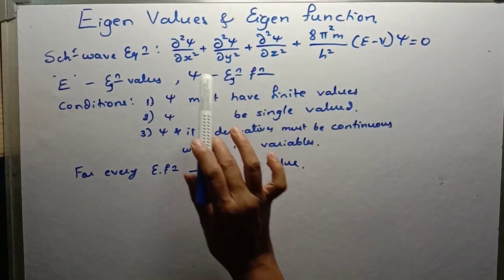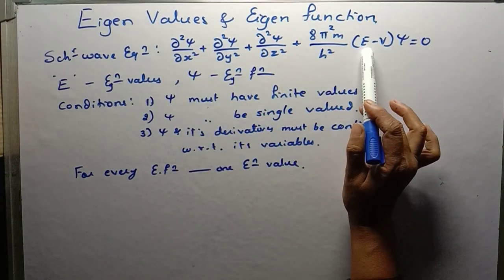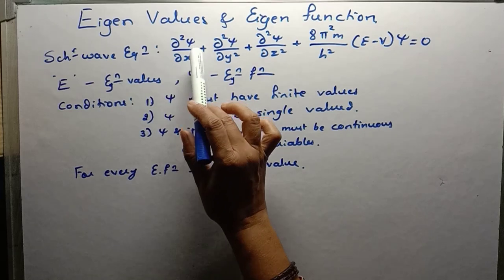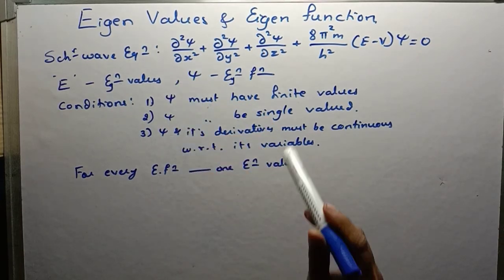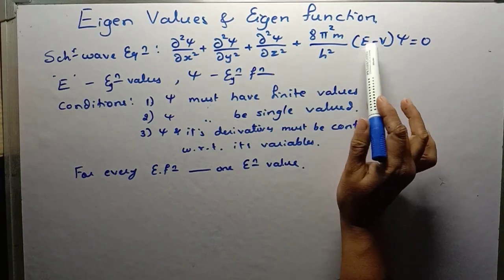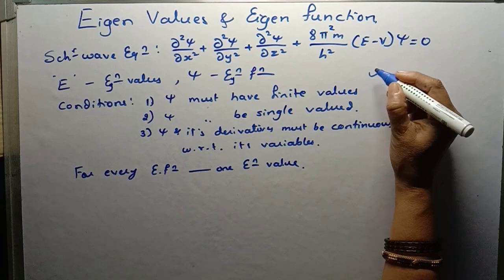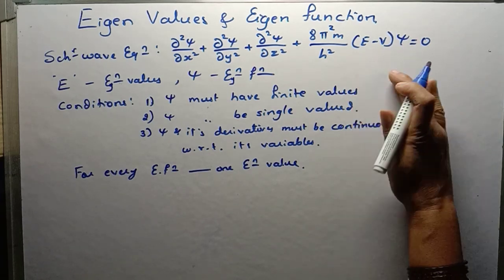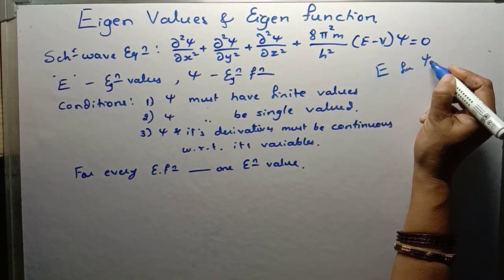When you solve this equation by putting in the psi value, you can get the value of the total energy, capital E. By putting in different values of psi, you will get different values for E. So there are several values of total energy E for different psi values.